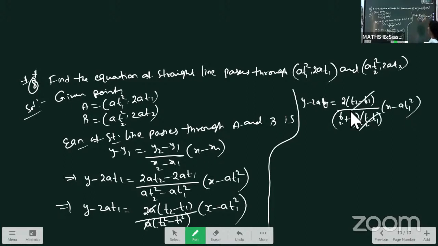T2 minus t1 in numerator and denominator cancel. Cross multiply: y into t2 plus t1 minus 2a t1 into t2 plus t1 is equal to the right side, 2 into x minus a t1 square.